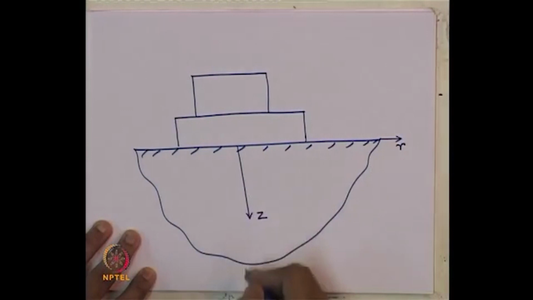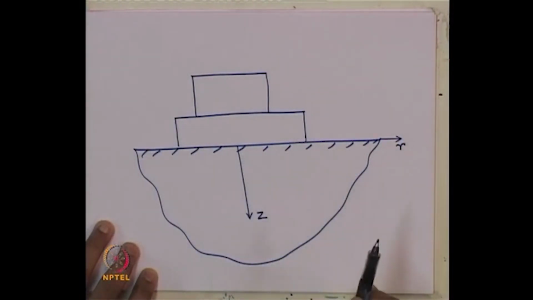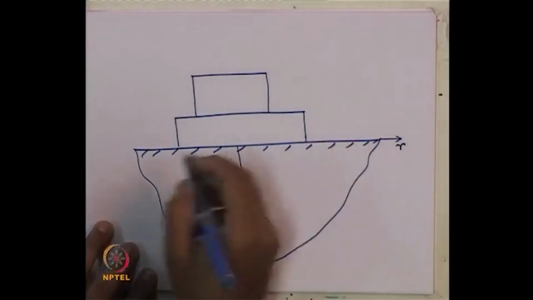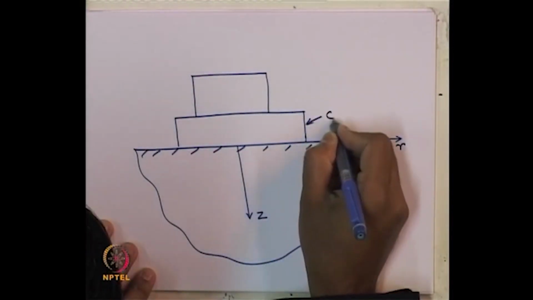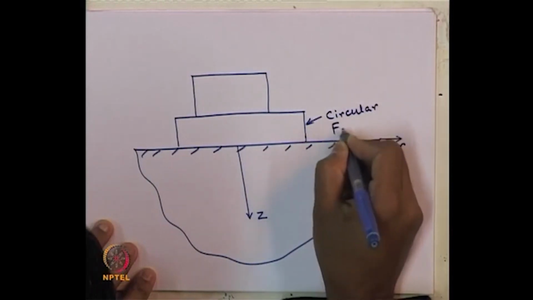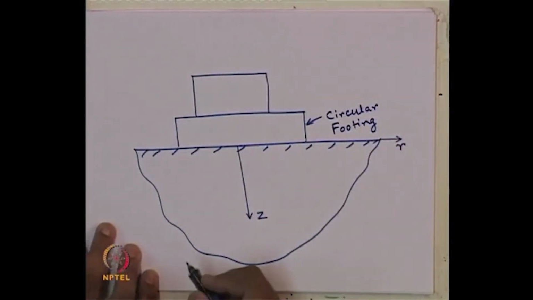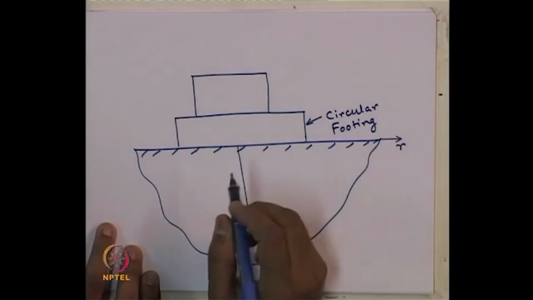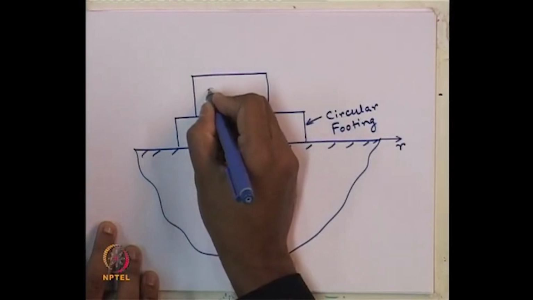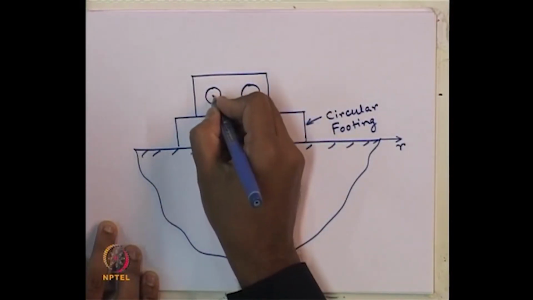So, this is the depth-wise z axis, this is the radial distance-wise r axis. A circular footing was considered in the Reisner model, and say this is the machine with rotating mass type excitation.